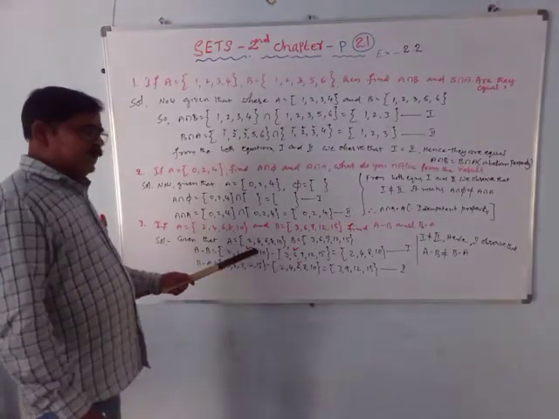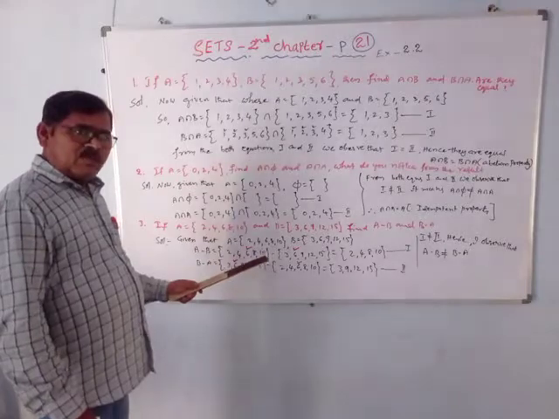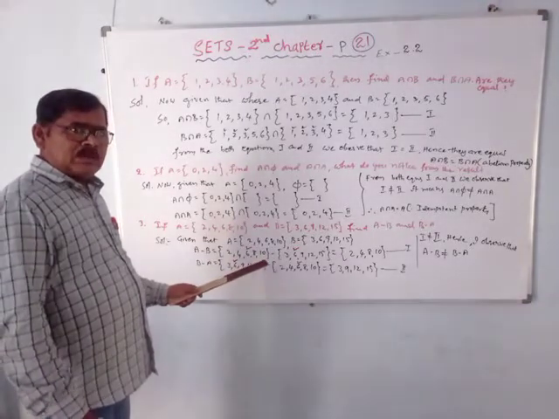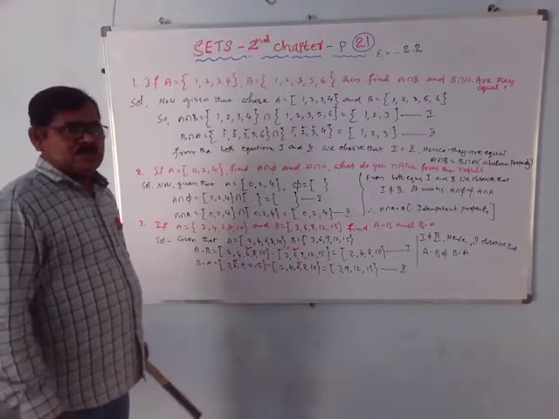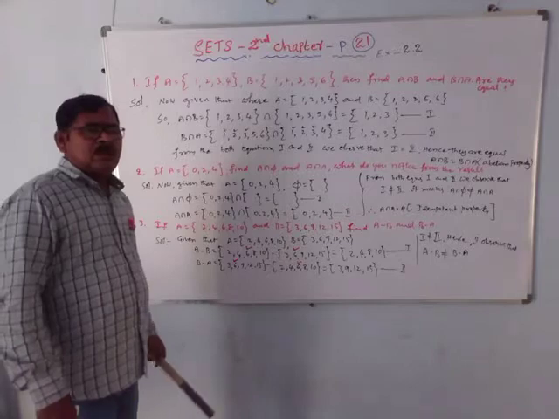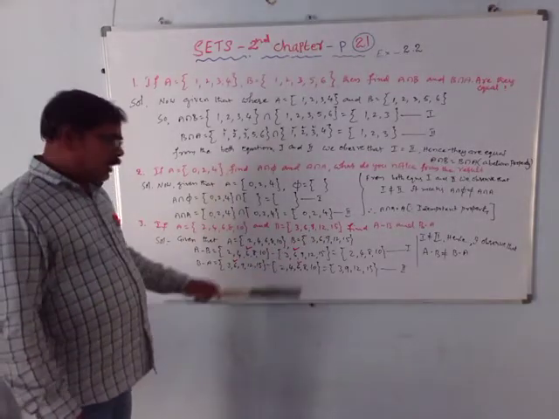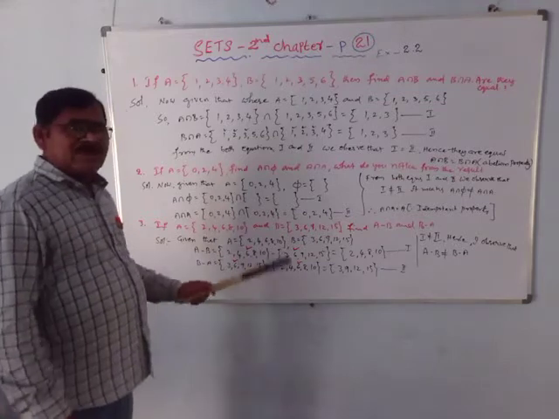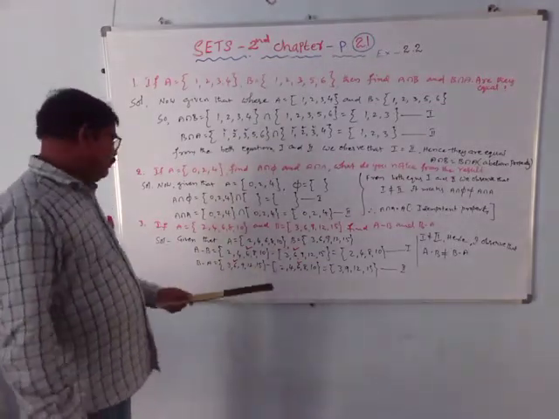The set A shows the set of even numbers, the first 5 even numbers. The set B shows the multiples of 3, the first 5 multiples of 3.